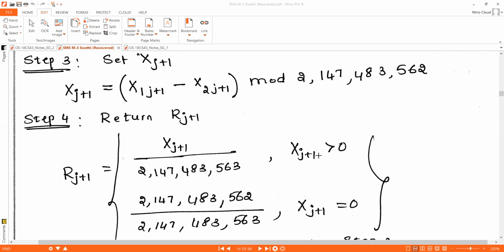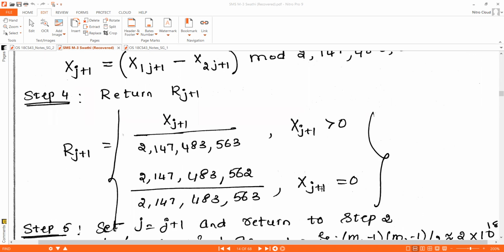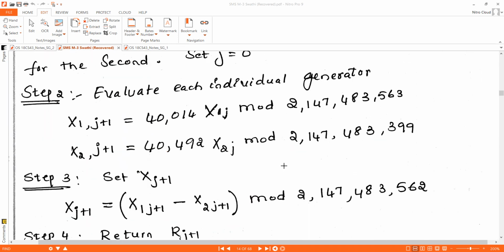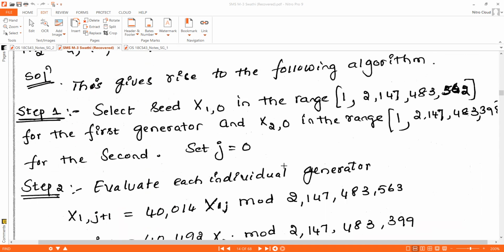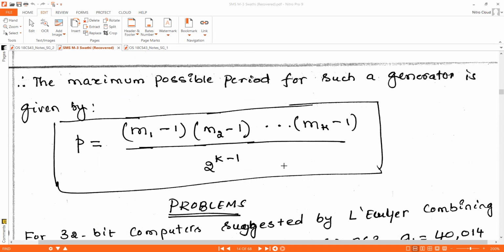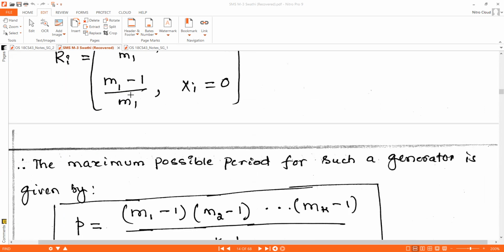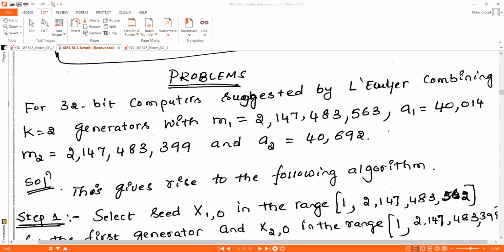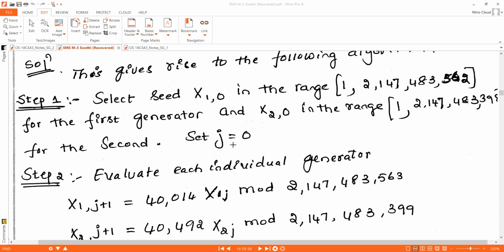That is when x j plus 1 is greater than 0. If the x j plus 1 value is equal to 0, we need to use this formula: m1 minus 1 divided by m1. What is the m1 minus 1 value?